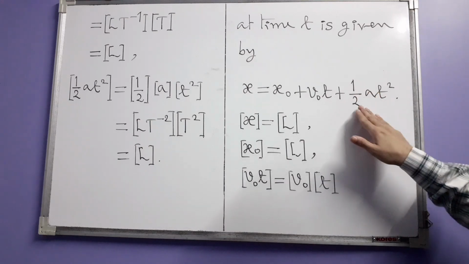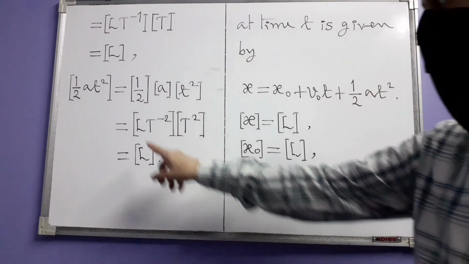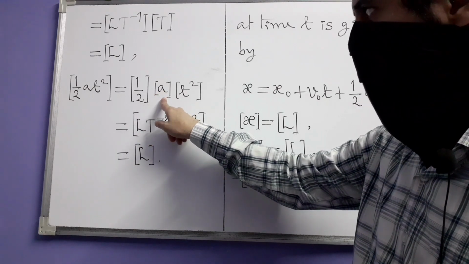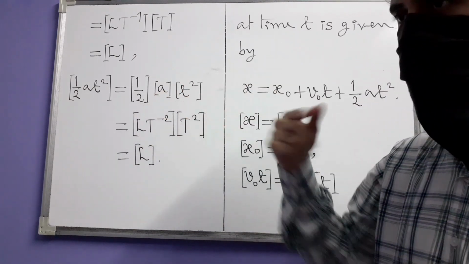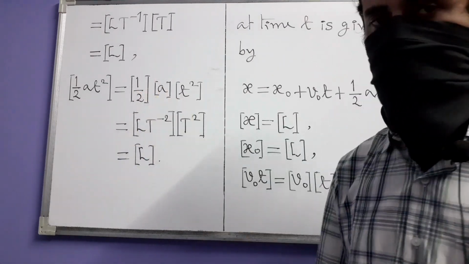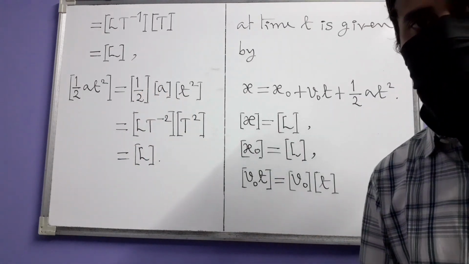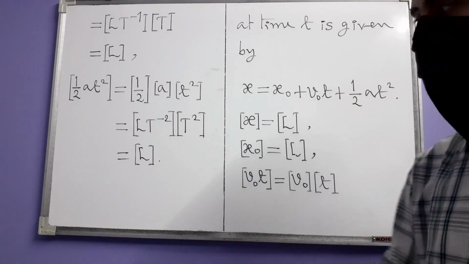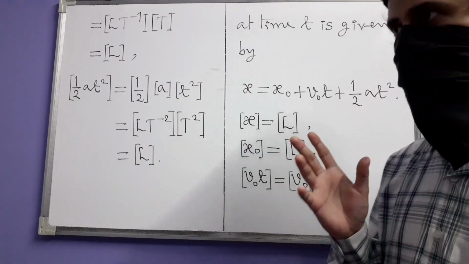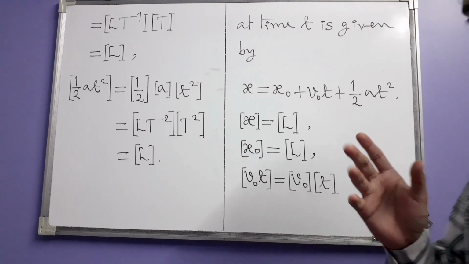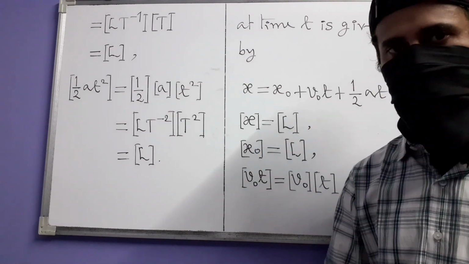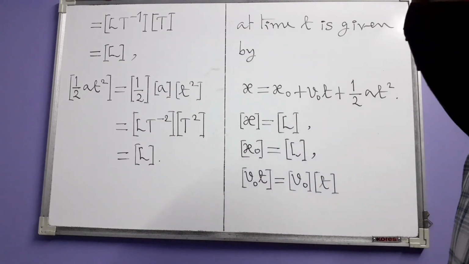And then we have 1 over 2 times a t square. Its dimension is the dimension of 1 over 2 times the dimension of acceleration times the dimension of square of time. This is a pure number, it's a dimensionless quantity. You remember that, because it does not have any unit in terms of the 7 base units. In that sense, it's dimensionless.